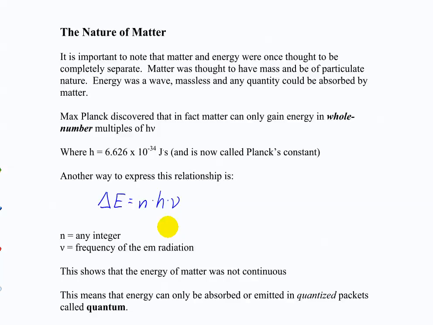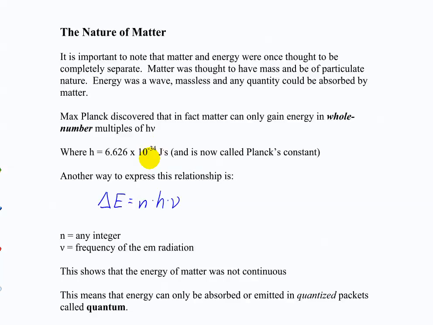Because if energy is this massless wave thing, then you should be able to put as much or as little energy into something as you want. It should be completely continuous. You can put an infinitely small amount of energy into something, all the way up to a large amount of energy in a perfectly continuous range. But what he found is, in fact, that's not true. The energy goes in these little packets, kind of step by step. Now, they're very, very tiny packets, 10 to the minus 34 times the frequency, so you end up with something a little bigger than that, but still a small packet.